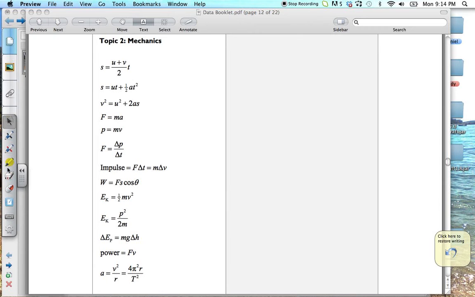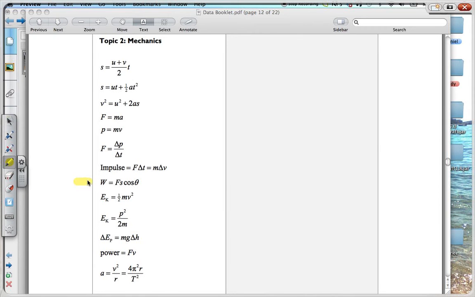Let's now move on to this formula over here, where W is our work, and the work is the force times the distance in the direction of the force. The cos of theta is the angle between the force and the direction of the motion. If that is 90 degrees, then cos of theta is 0, there is 0 work.